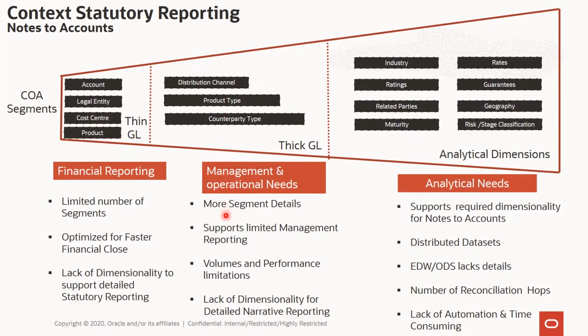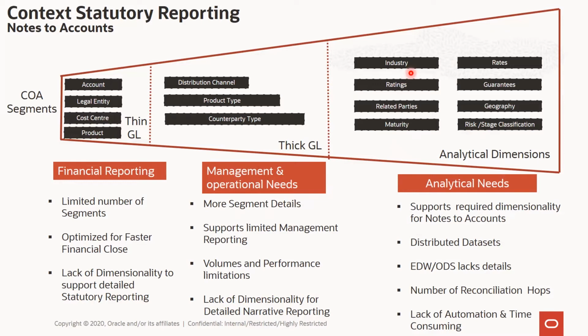Now, customers are wary to bring in more dimensionality here, largely because of volume and performance bottlenecks. The only way is to look for additional analytical dimensions that are required for detailed notes to accounts. These are the typical information which you need to improve your stakeholder confidence.